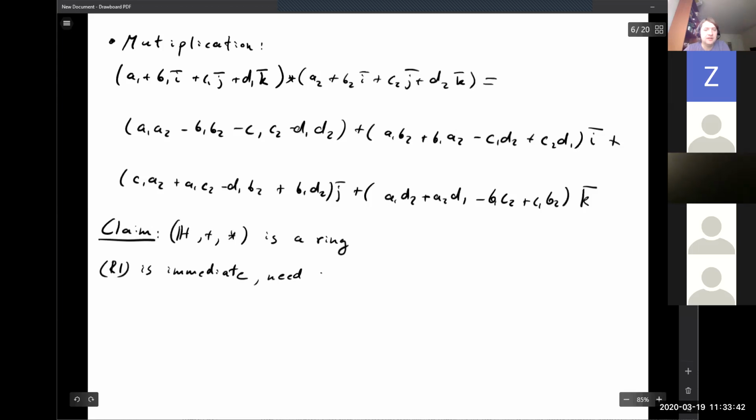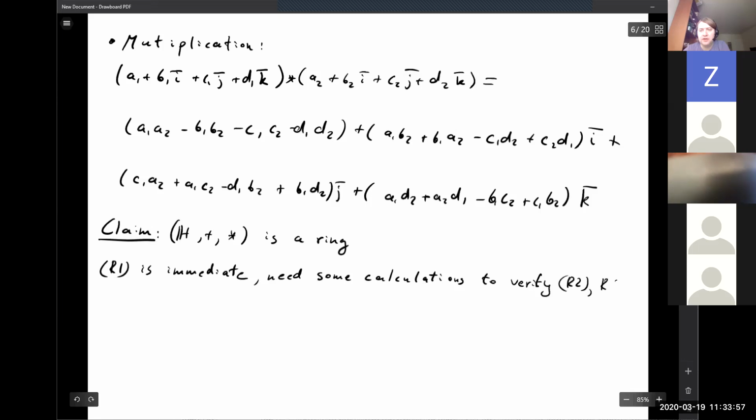We need some calculations to verify R2 and R3, similar to how these calculations are done for the complex numbers. Of course, I'm not going to explain this on the blackboard. It's kind of too long, but believe me, it works.